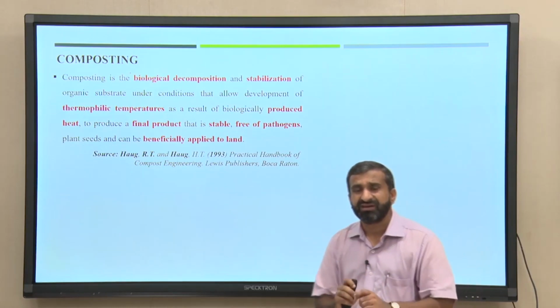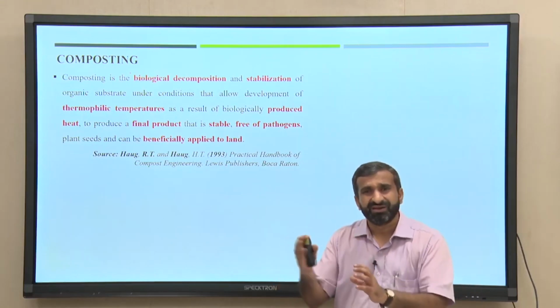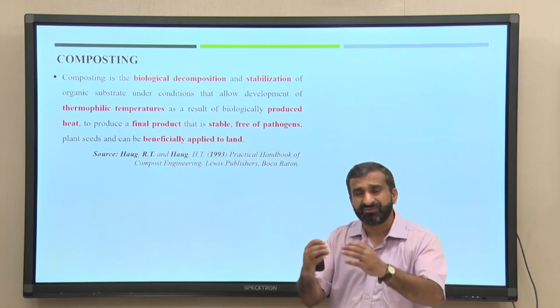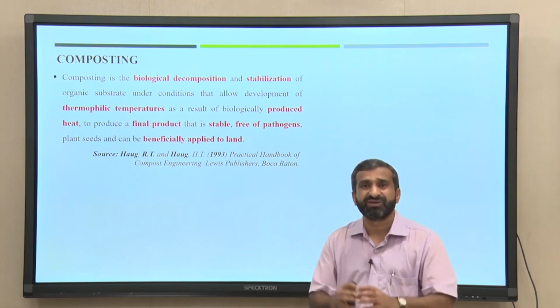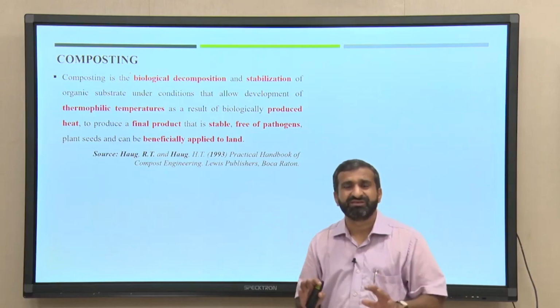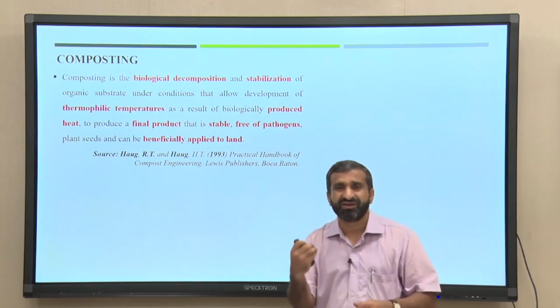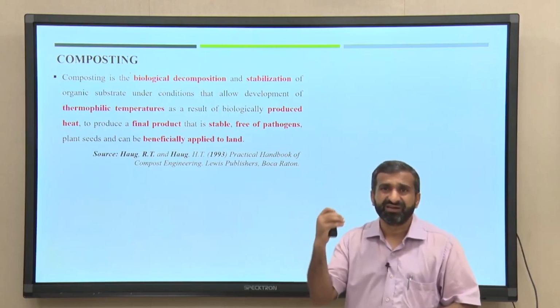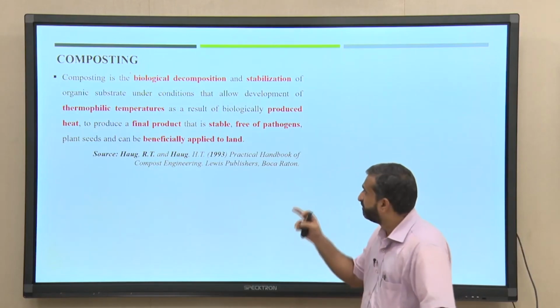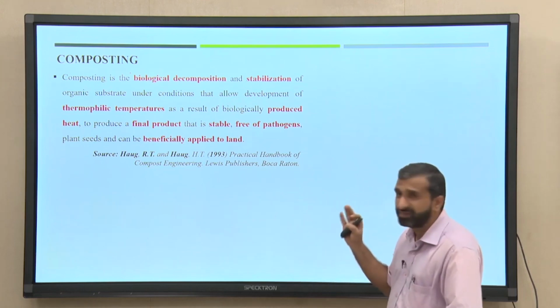Please remember that when you visit any compost plant, ask those people how much temperature, how many degrees, they get in the composting plant. If they have any kind of composting method, ask how much temperature they get during the degradation process.